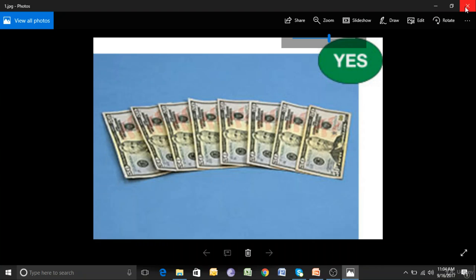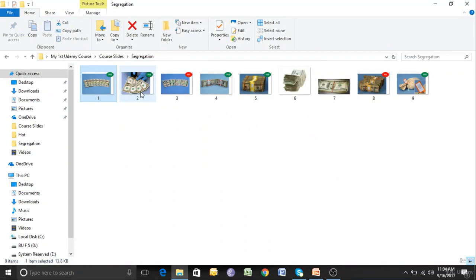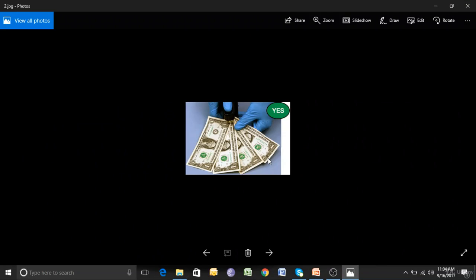So see, I'll explain it to you more here. Like this one. Again, it is properly aligned, facing upwards. The picture faces upwards, and in all of these notes the picture head is towards this side and the body towards this side.